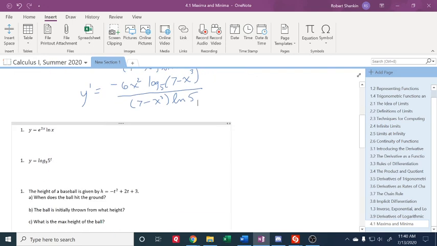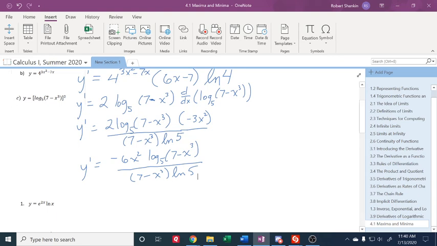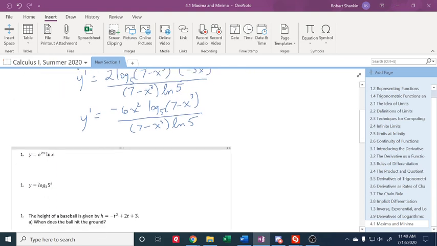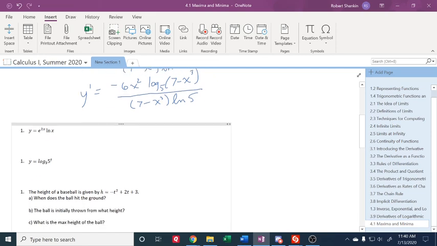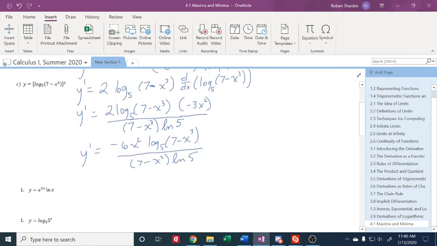Let's go to the next one. So that one was probably the most intricate. So many things involved there. Let's do the next one. Let me go ahead and renumber it.